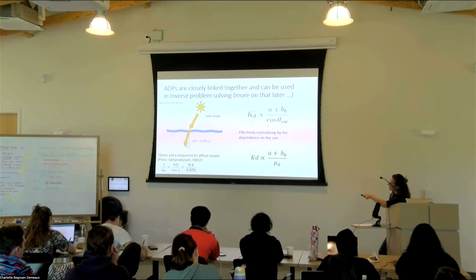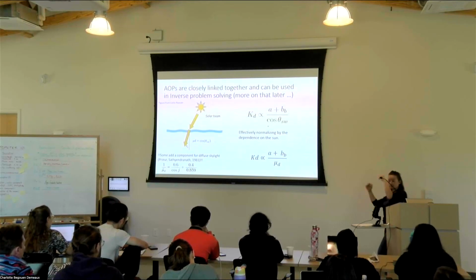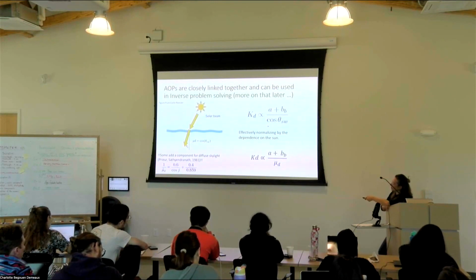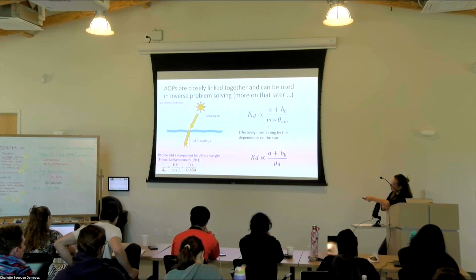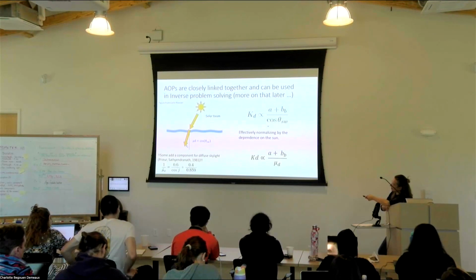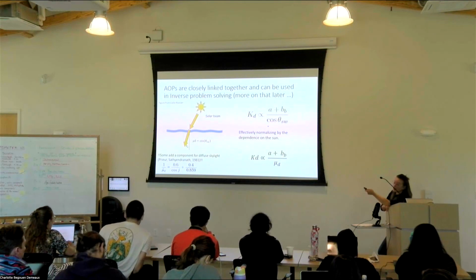And one last thing, this mu d equals the cosine of the solar beam is only valid if you have one direct light source. But you do have the skylight irradiance, right? Just the light emitted from the sky, not directly from the sun. So some people decided to account for it. Basically, we take 60% of the cosine, so the direct beam accounts for 60% of the light coming in, and then 40% is the sky irradiance.